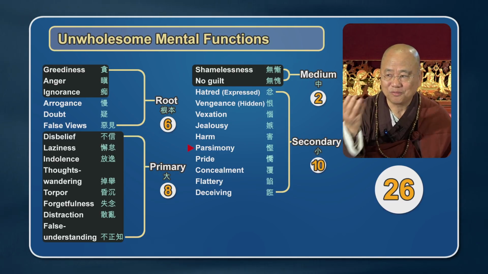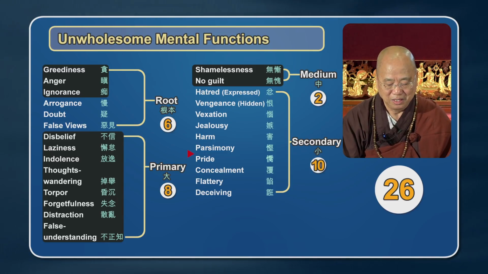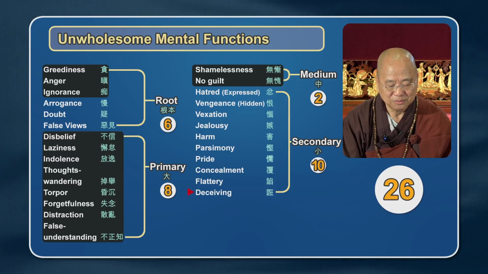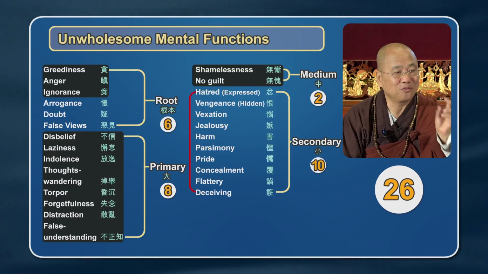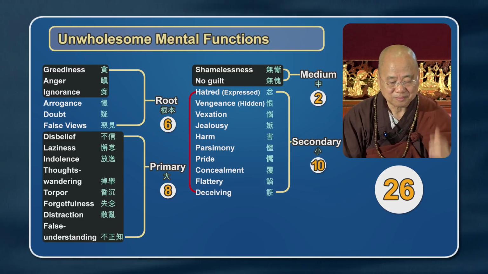Parsimony, the eyes, the ears, the nose, the tongue, the body cannot do parsimony. Pride, concealment, flattery, deceiving. These are too subtle for the first 5 consciousnesses. They are for the 6th, the inside, the mano consciousness.